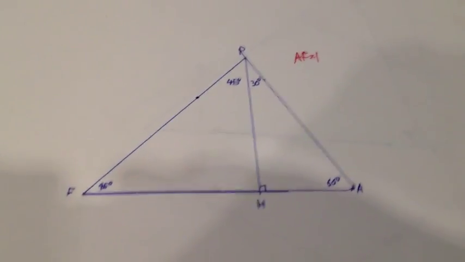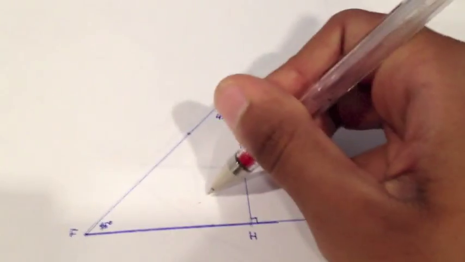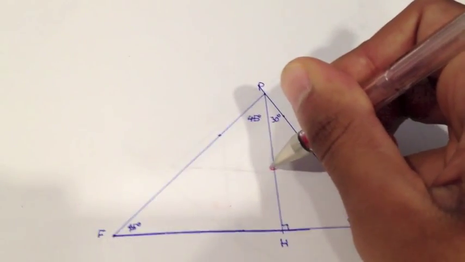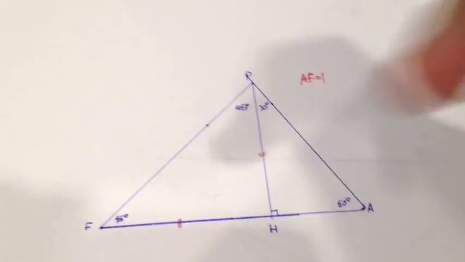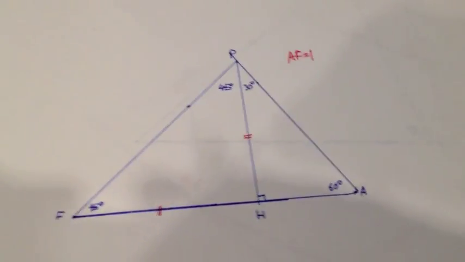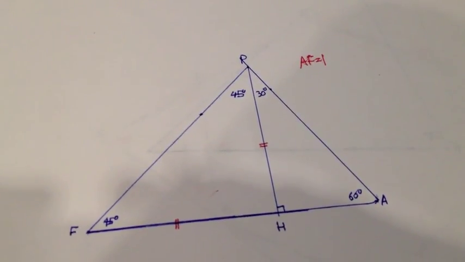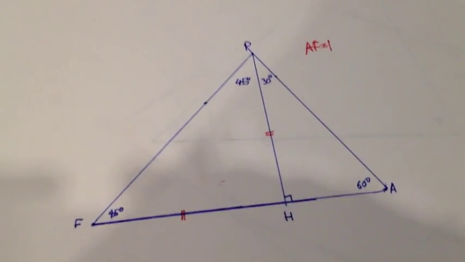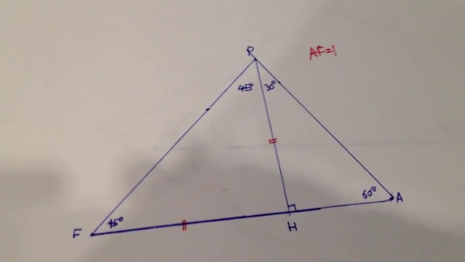So we can actually mark up our diagram a little bit. So let's go ahead and do that. I dropped the altitude from P to AF, and I just call that H because that's usually what they use for the altitude.